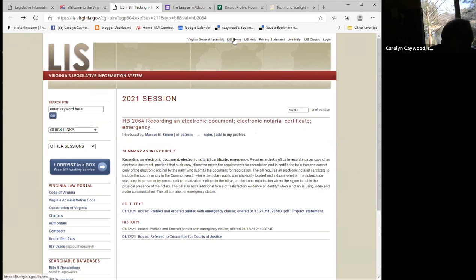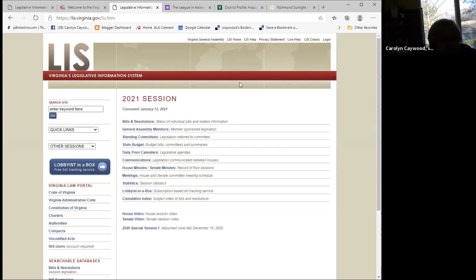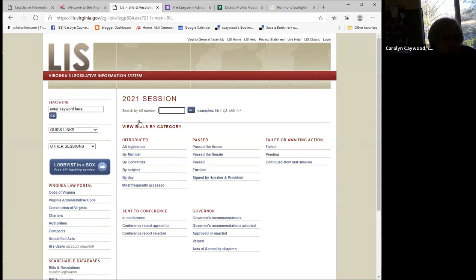So the legislative information system is getting progressively better. It's a lot easier. Maybe I've learned more, but it seems to me to be a lot easier to use than it used to be. We were basically in the first section, bills and resolutions. Search by bill number.